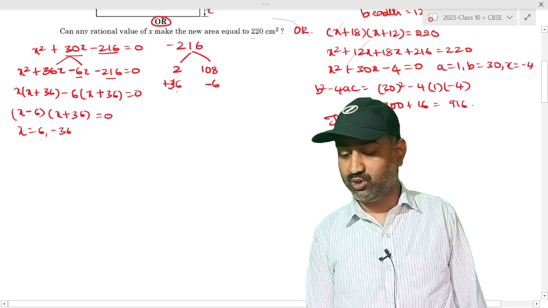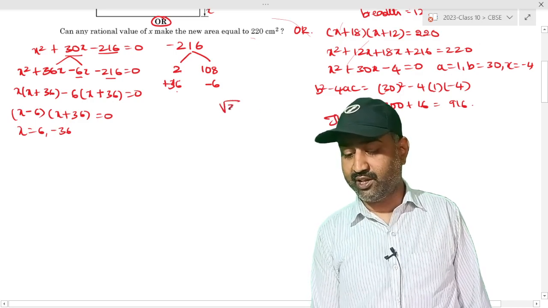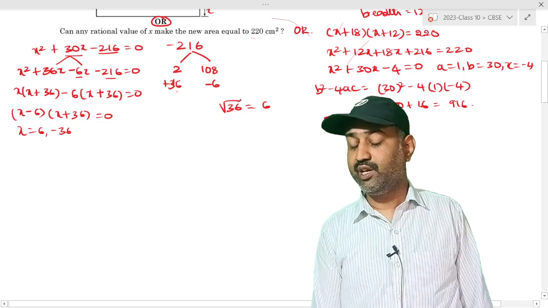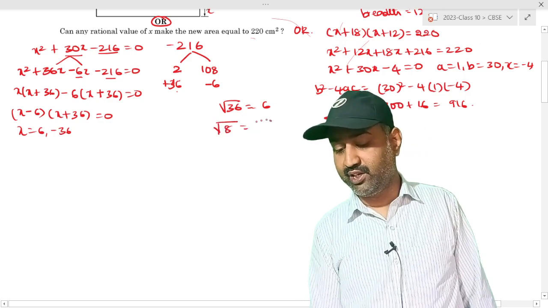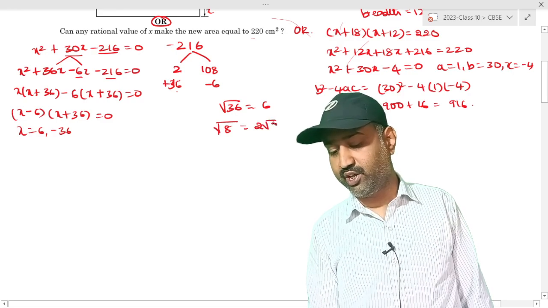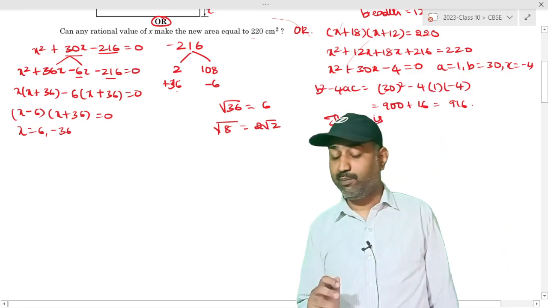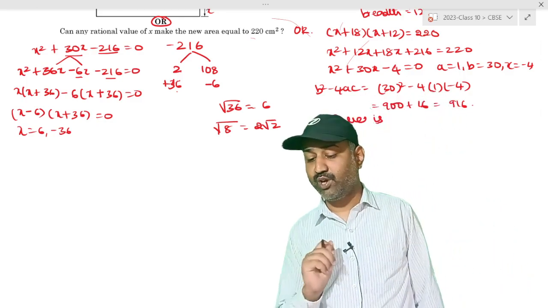See here, root of a perfect square is a rational number. But if I take root of, for example, 8, it is 2 root 2. It's not a rational value, right? To have a rational root, the discriminant must be a perfect square.